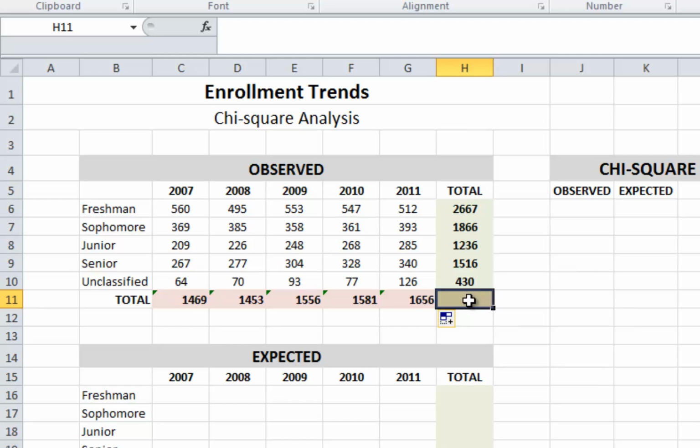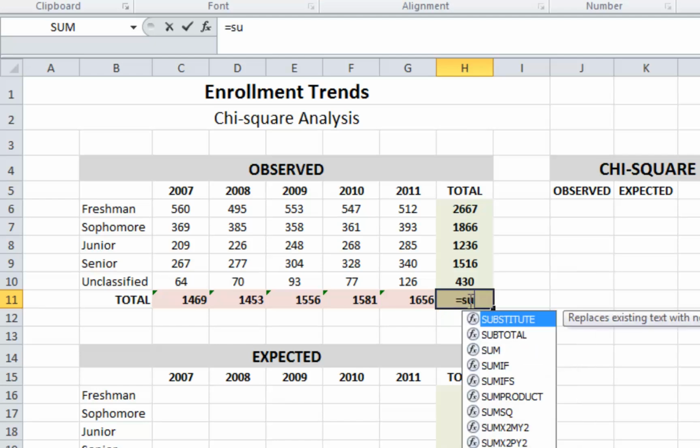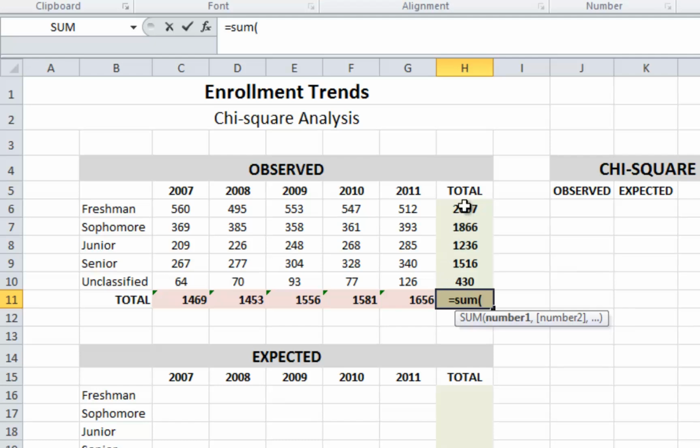I'm just going to use the row totals, which go vertically. So equals sum, select those 5 cells, close parentheses, and enter. Remember, our grand total in PowerPoint was 7,715, so this should be the same in this table.